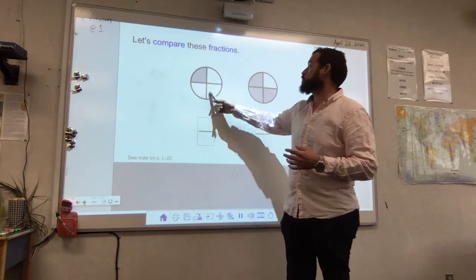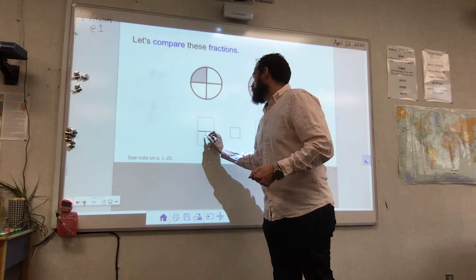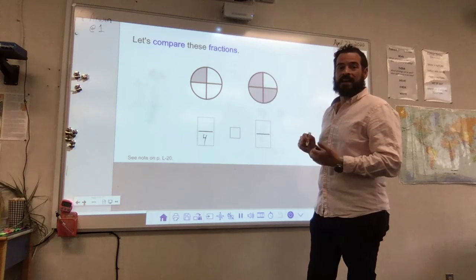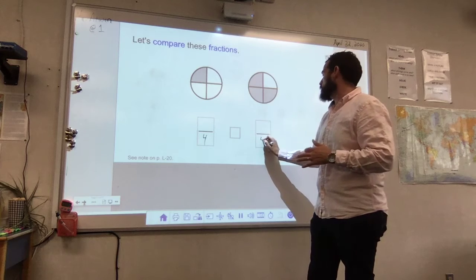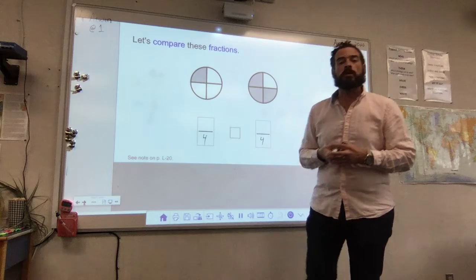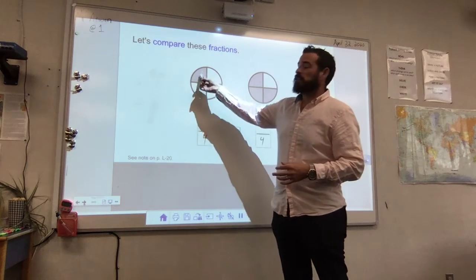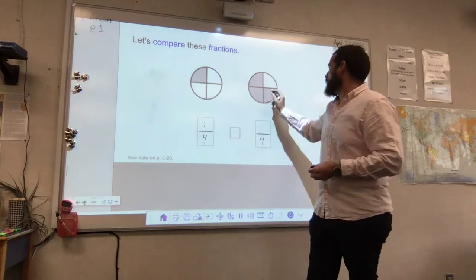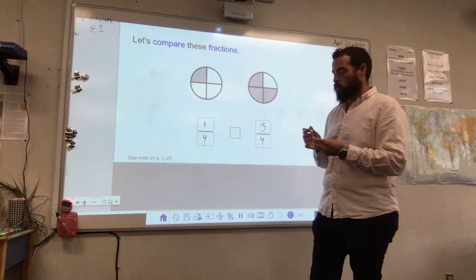So we've got 1, 2, 3, 4. Both circles are divided into 4 parts, so our denominator is 4. To find our numerator, we count how many are shaded. Here we've got 1, so 1/4, and here we've got 3, 3/4.